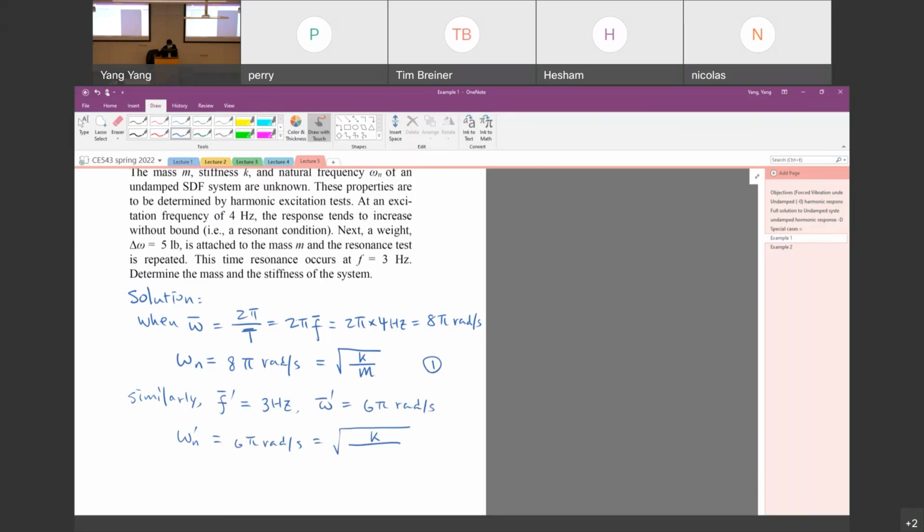So we can have that in this case: same stiffness, where the mass is bigger, initial mass plus the increased weight over acceleration.